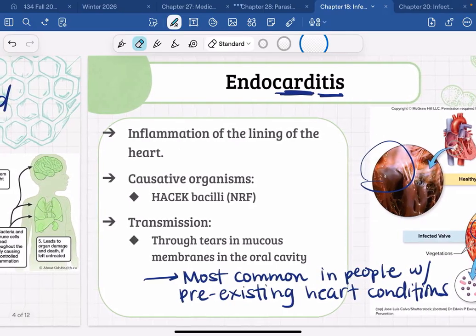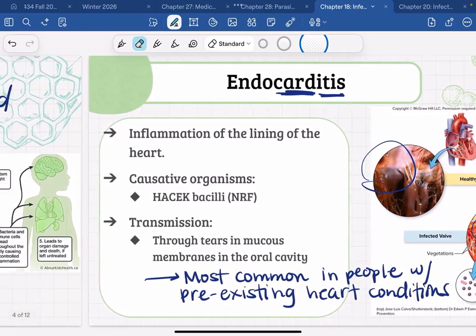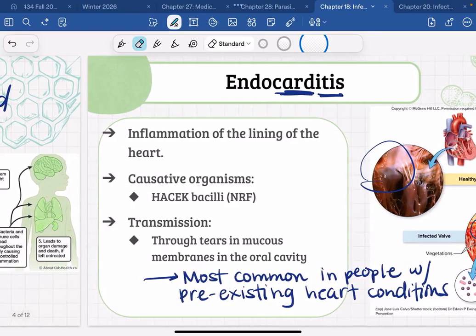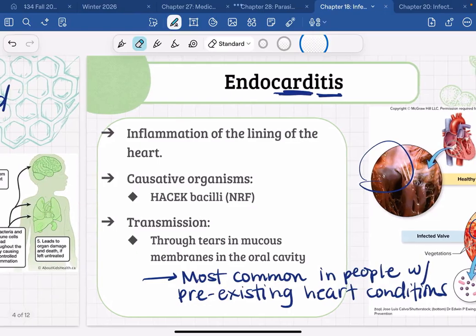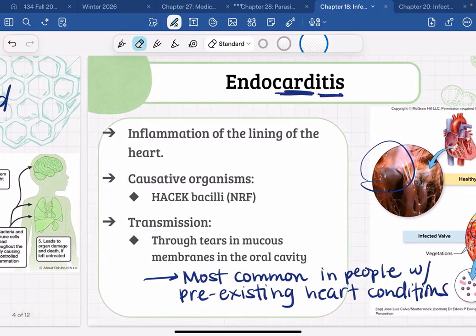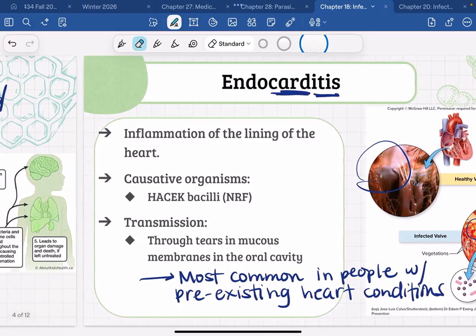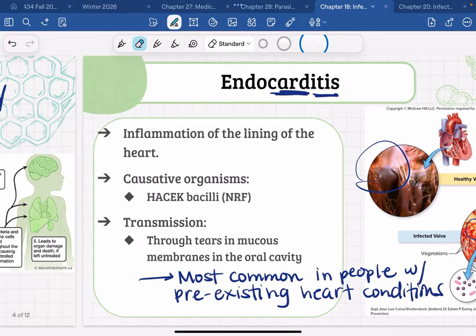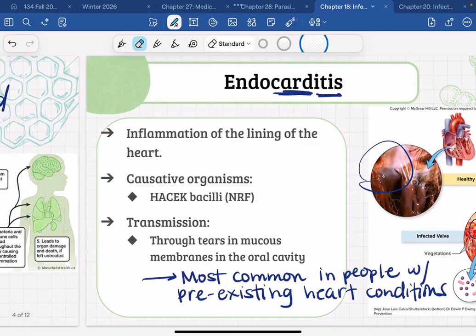So how does endocarditis happen then? Most people who get endocarditis, again, typically have a pre-existing heart condition. So some kind of work done to their heart or a structural difference or something different about their heart. And it most often happens through tears in the mucous membranes in the oral cavity.